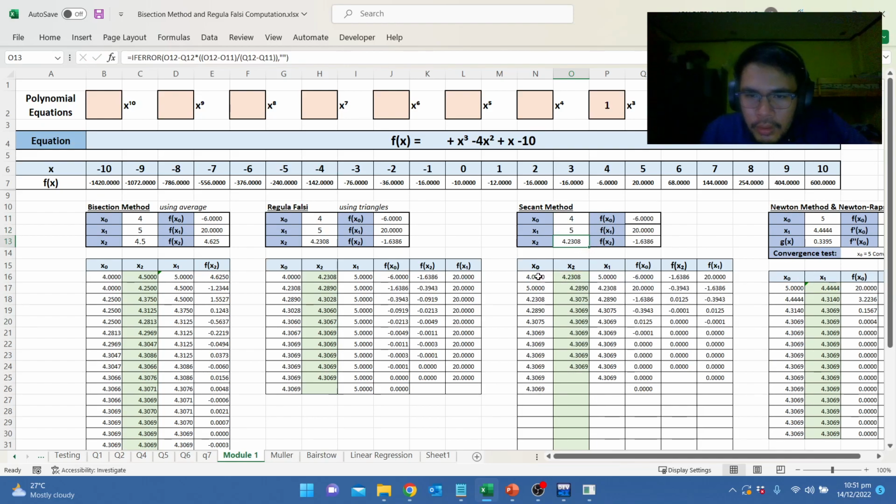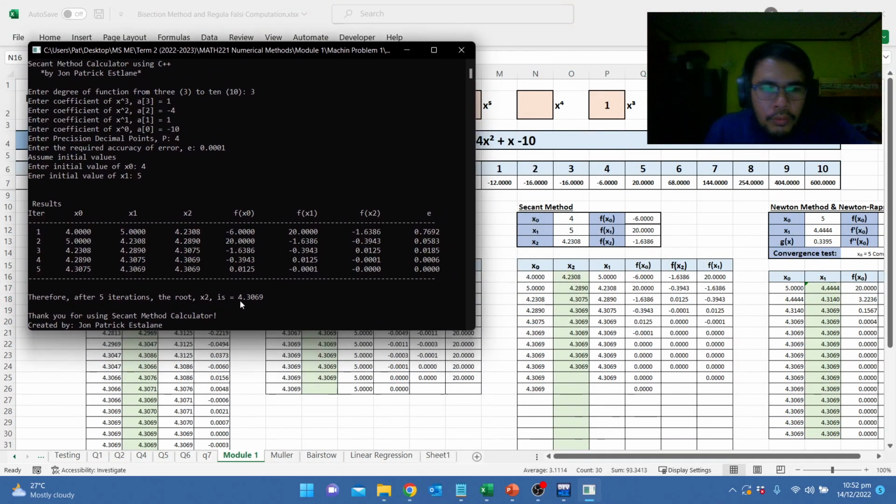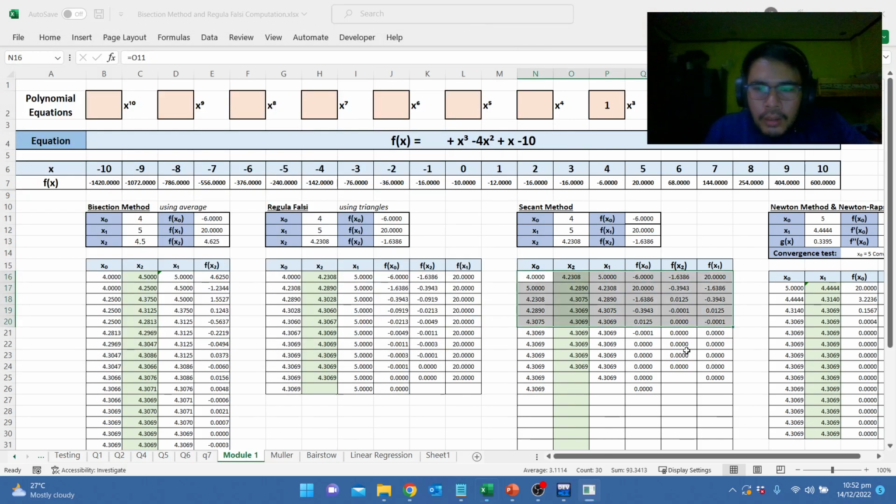As you can see, we used 5 iterations in arriving at the answer 4.3069, which is the same here, 4.3069, in 5 iterations. And I also arrived at 5 iterations in my Excel program, satisfying the 0.001 accuracy of error.